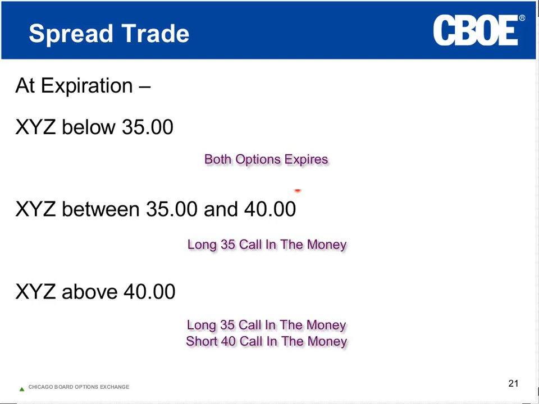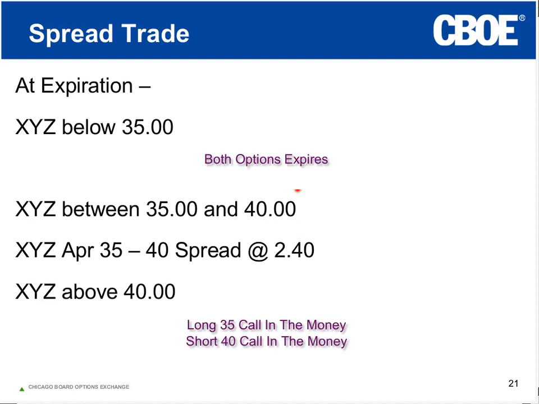And then finally, above 40, both the 35 strike call and the 40 strike call are in the money, and there's $5 more in value in our long 35 call than in our short 40 call. So the spread is worth $5. We paid $2.40 for something that's worth $5, and the net result is a profit of $2.60.